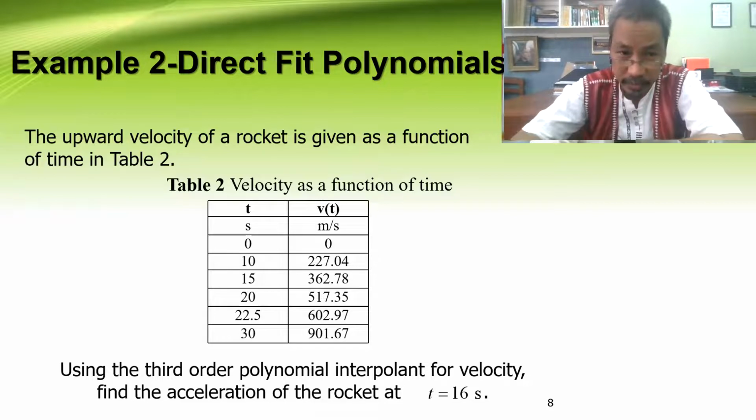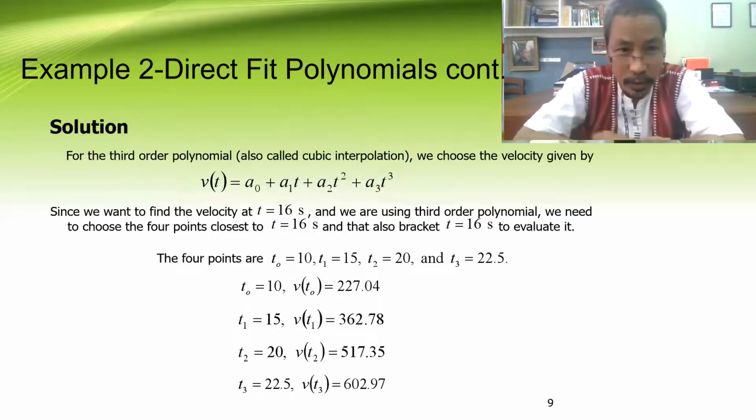So, using the third order polynomial, let us solve this. Velocity using the direct fit representation: the first equation that you can see on your monitor is the direct fit polynomial representation.